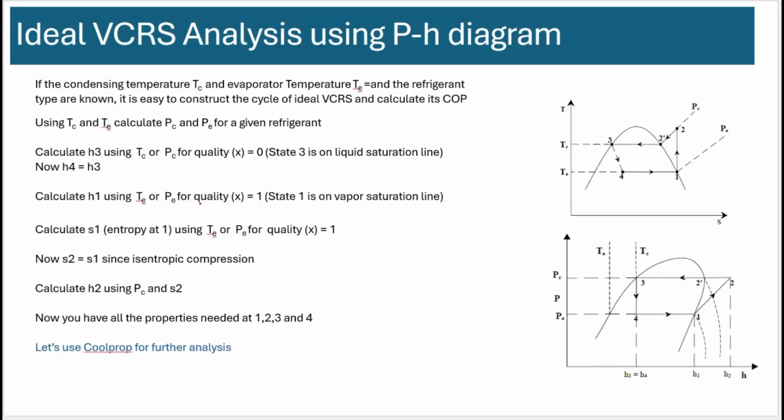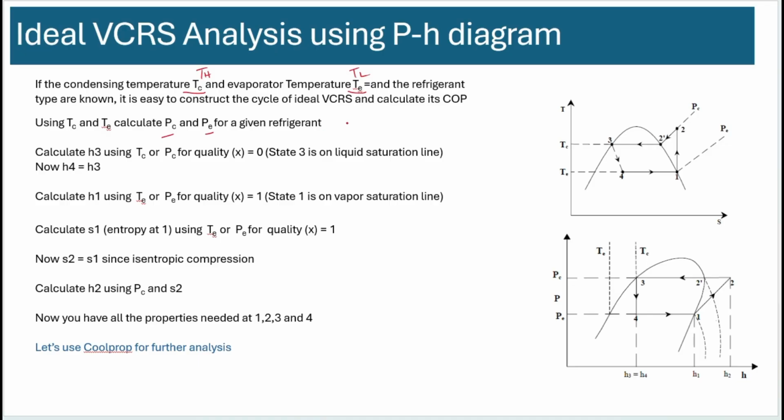Now let's look at how to construct a full VCRS cycle if we know the temperatures of the high and the low sides. This is basically the TH and this is basically the TL. It's called the condensing and the evaporating temperatures. If we know these two temperatures, we can easily calculate PC and PE, right?